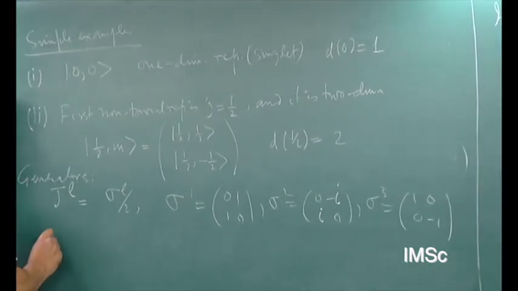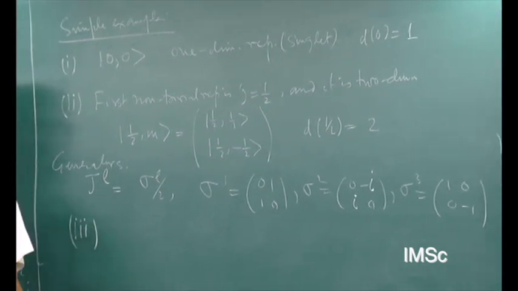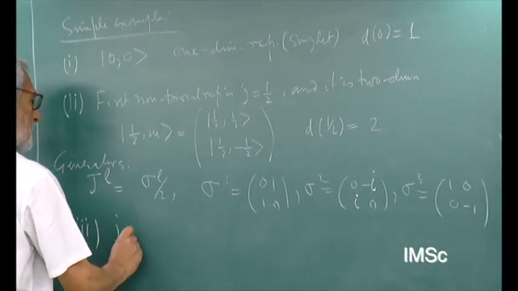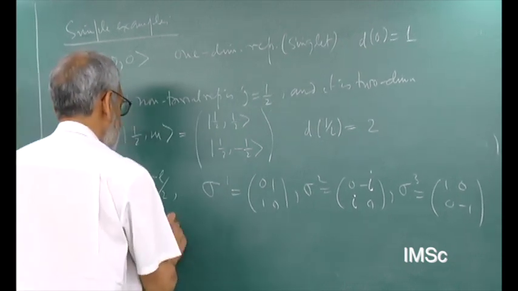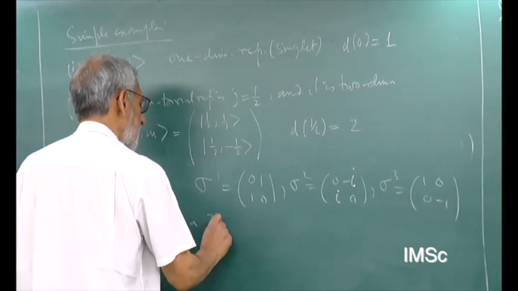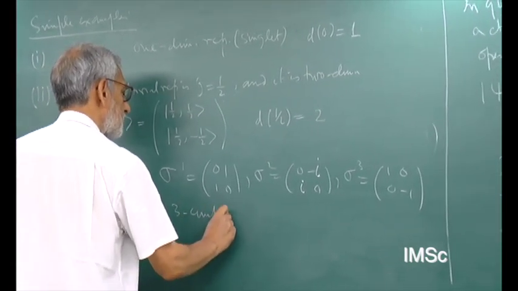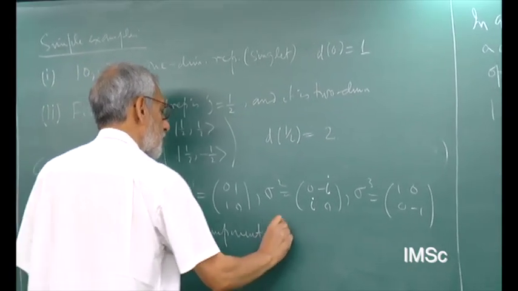The next representation is when J is equal to 1. This is a three-component representation.